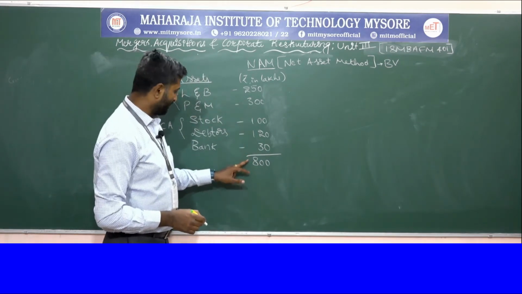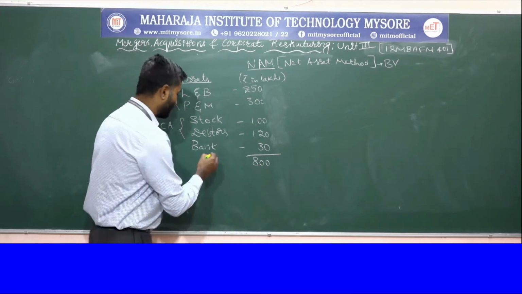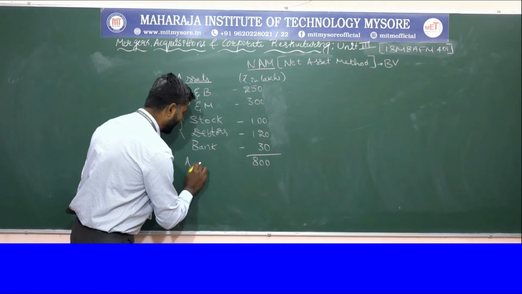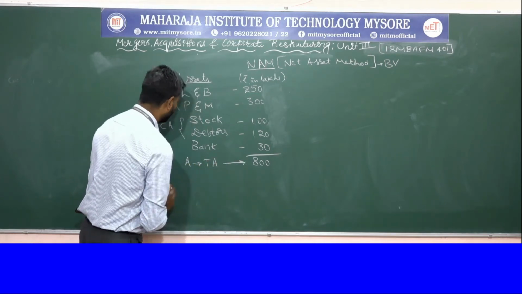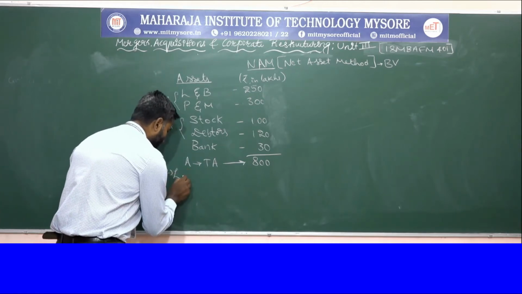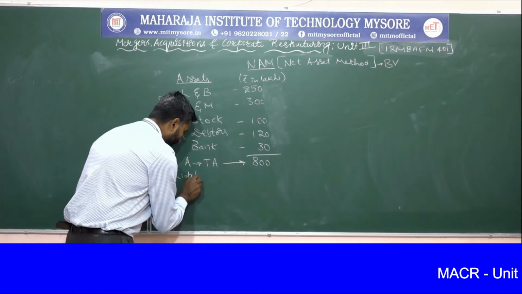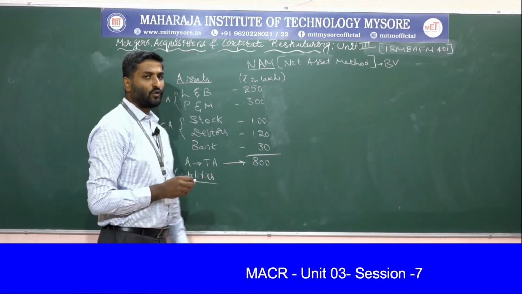After we calculate the total assets, considering it as capital A, from that we need to deduct the liabilities.